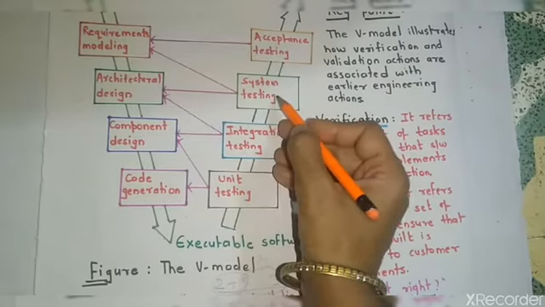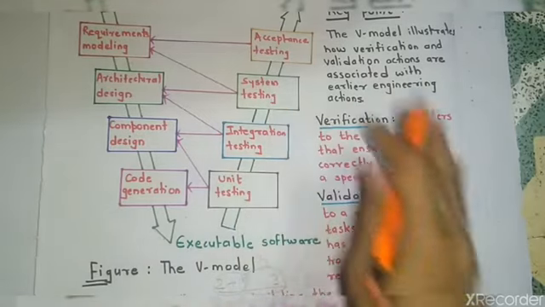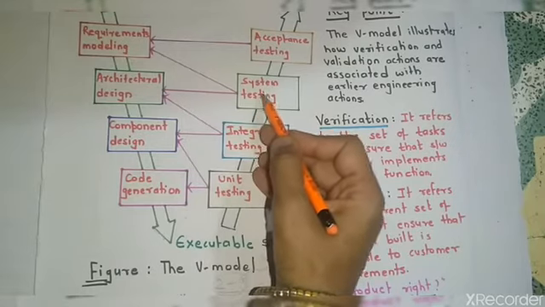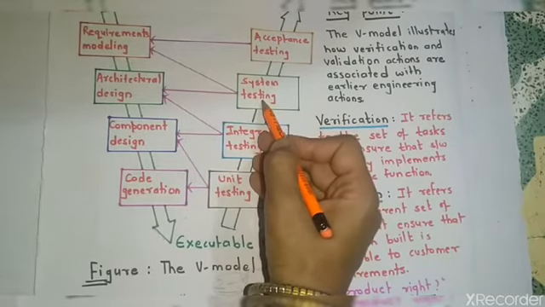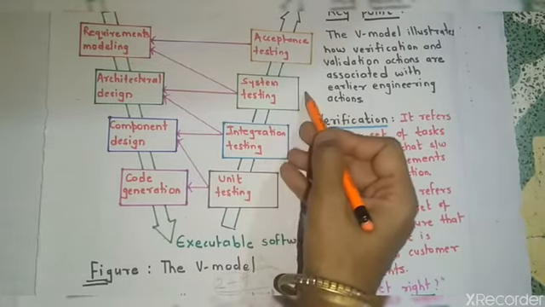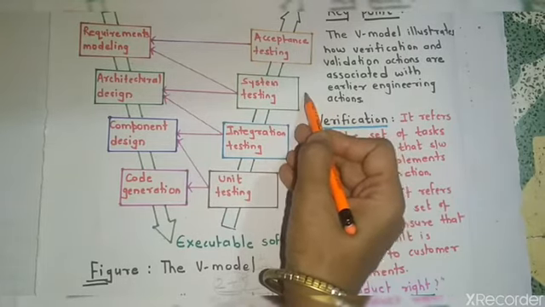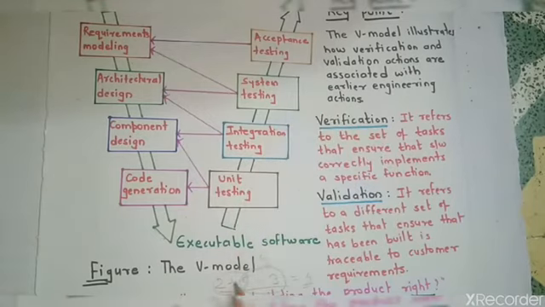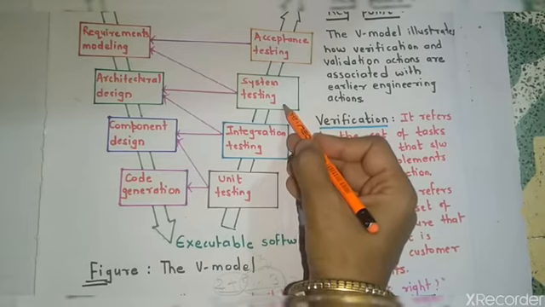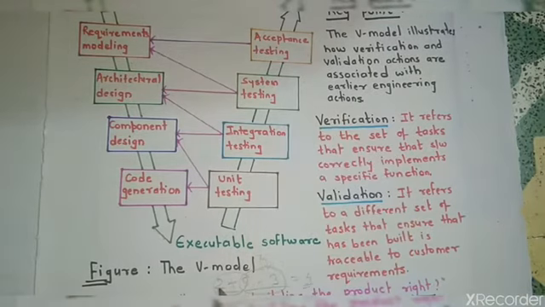Then system testing is going to see whether whatever system is ready with us is correct or not. Here we are going to validate the functional aspects as well as non-functional aspects of the system. The functional aspect is that addition should perform 2 plus 5 correctly, and the non-functional aspect is, after pressing 2, plus and 5, how much time it takes to give me the result.